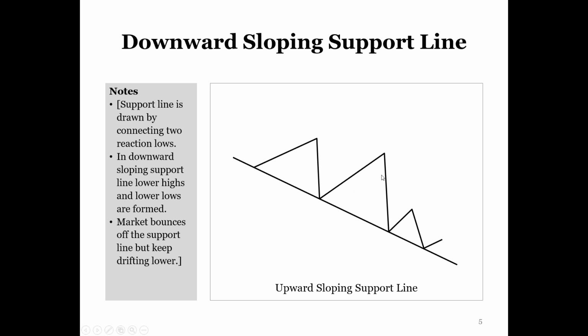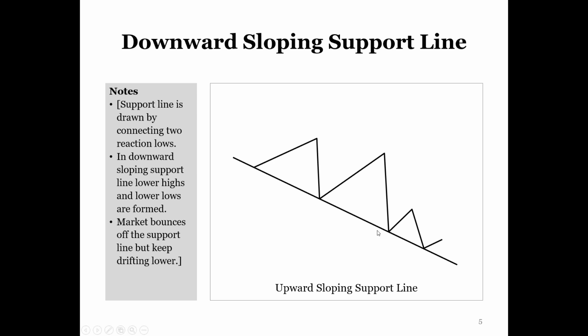You don't even know when the market can reverse. It can reverse here or here. So this is not an ideal long situation. It's a downward sloping support line. If you can figure out the resistance at these levels, then you can go short and then cover here.